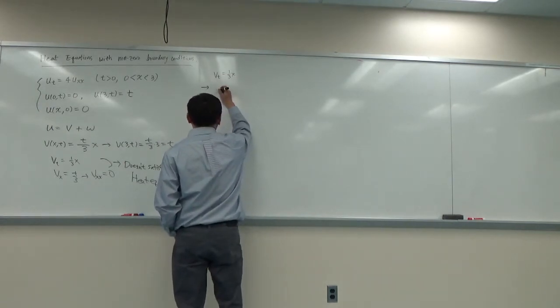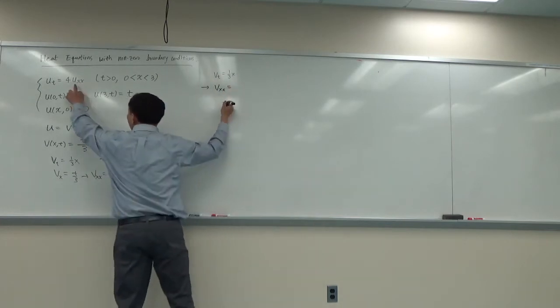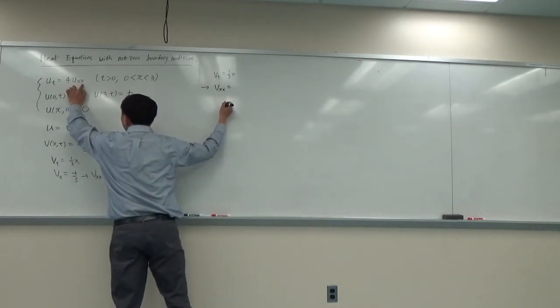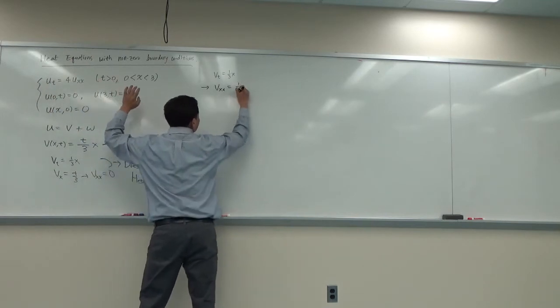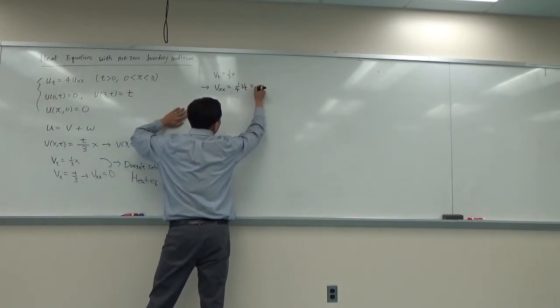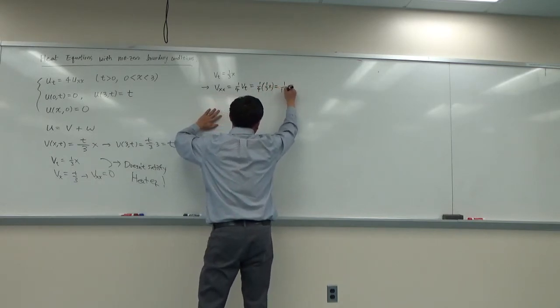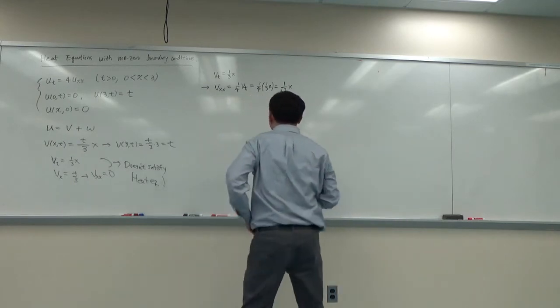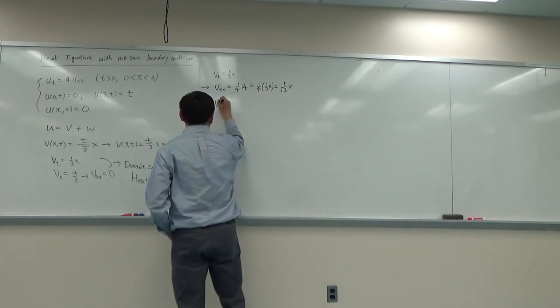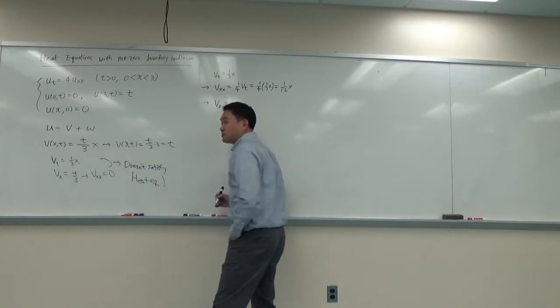If I do Vxx, according to this equation, Vxx should be 1/4 times Vt. So it's going to be 1/4 times 1/3 of x. So it'll be 1/12 of x, right? Okay, that means V of x is what?